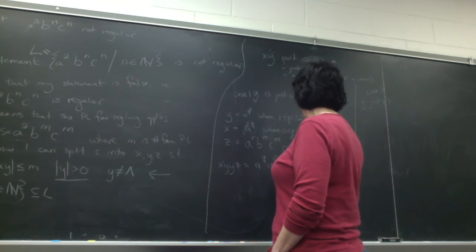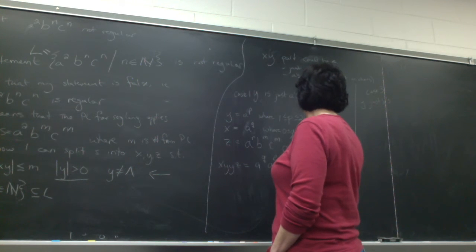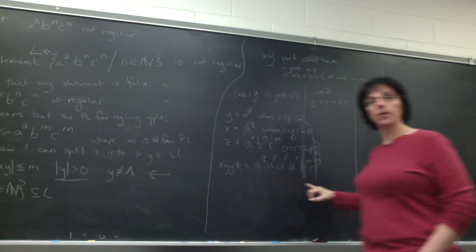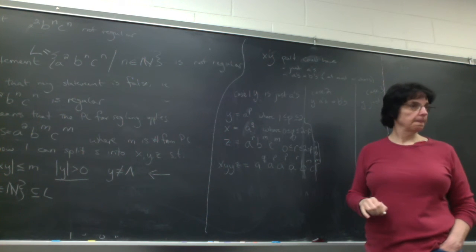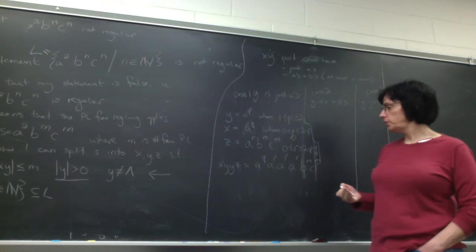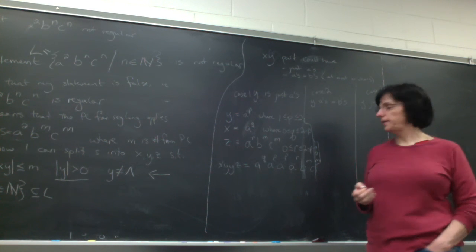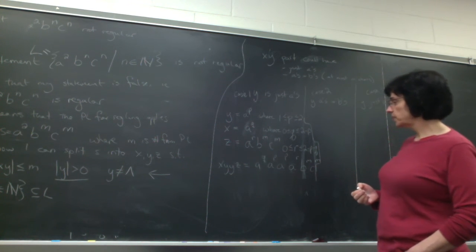And then we have a to the r, b to the m, c to the m, right? That's what x, y, y, z is, right? Because I just put in two y's. You guys see that, right?